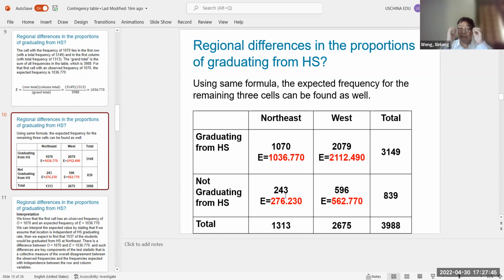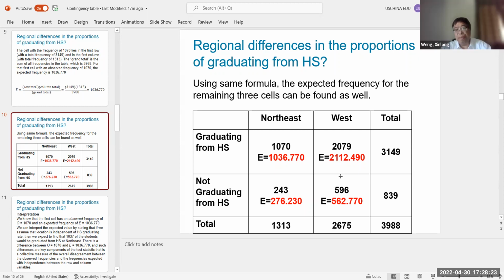Some of you may still argue, saying, hey, professor, I see the difference, but as you said, the sample has its randomness. Is this difference caused by sample randomness, or really caused by a population difference in terms of high school graduation rate?